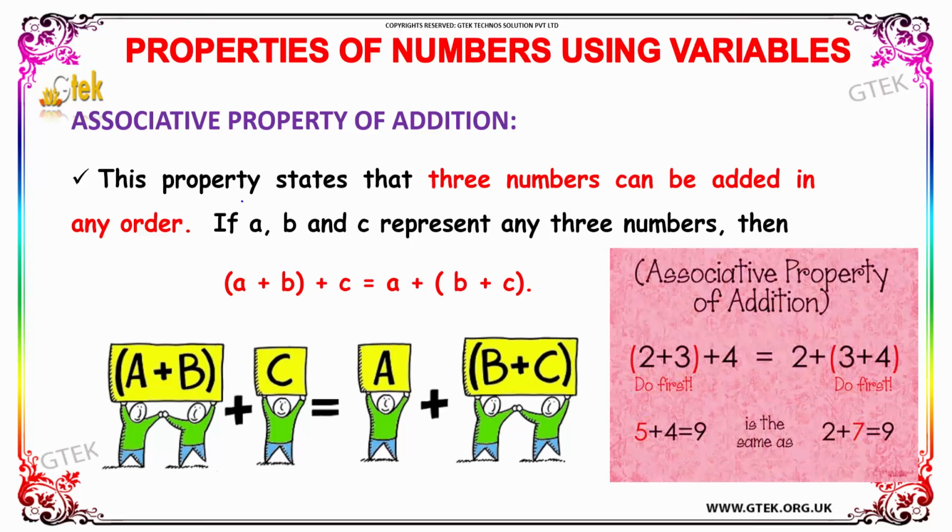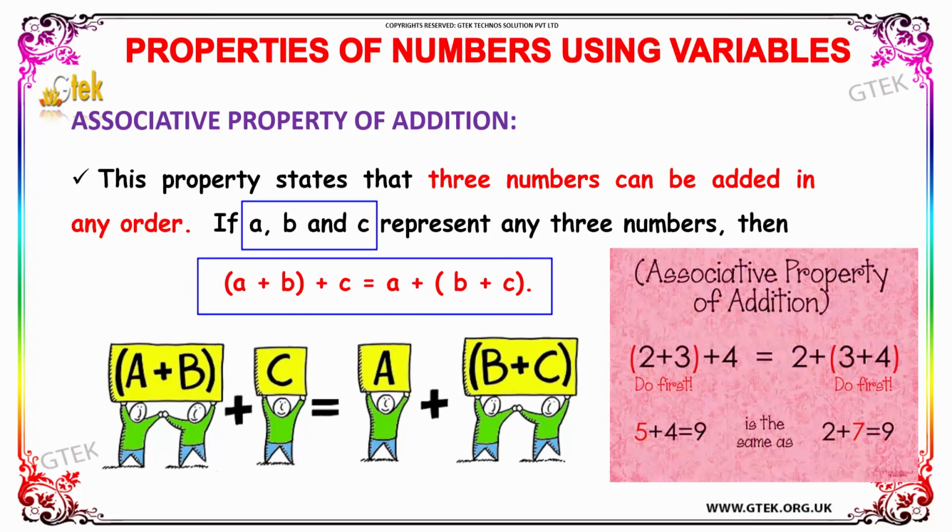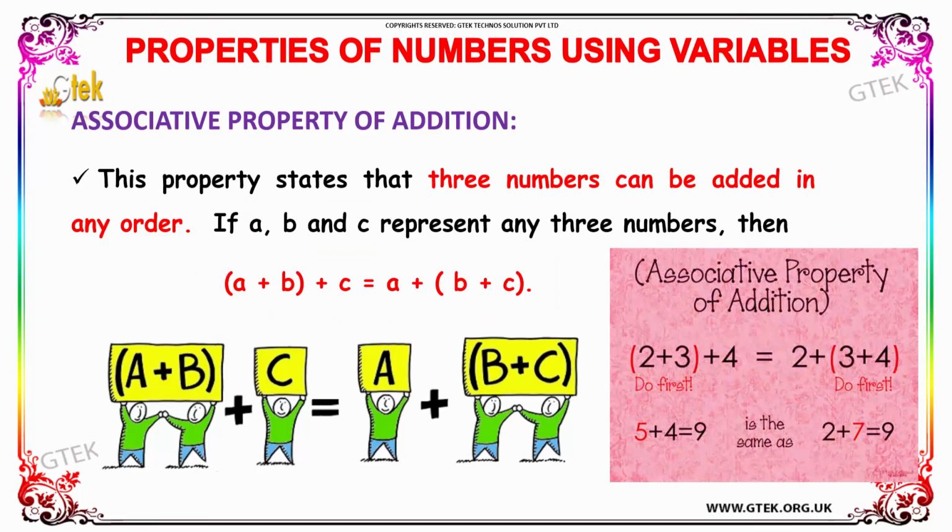For example, if we consider A, B and C, representing any three numbers, then we can apply the associative property of addition as A plus B plus C equals A plus B plus C. On this side we have A plus B, and along with that we are adding C. On the other side you can see the same thing with a difference: we are adding A plus B plus C. So this is the logic we apply in the associative property of addition.